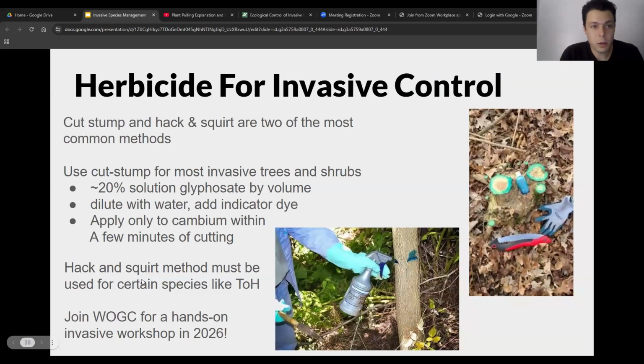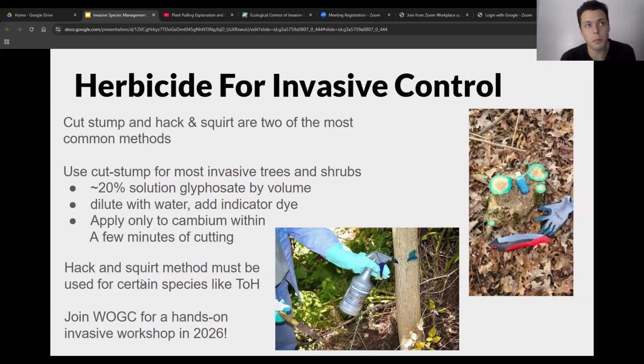So we can talk about one of the most common ways of actually using these products for invasive species control. We'll talk about cut stump applications and hack and squirt. So with cut stump application, you're taking a solution of glyphosate, and glyphosate is an enzyme inhibitor in vascular plants.